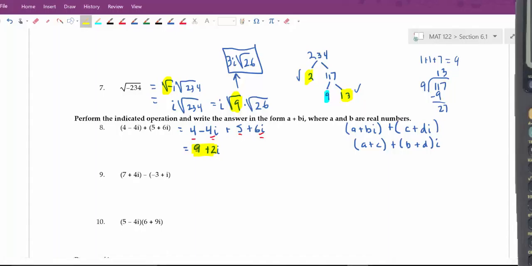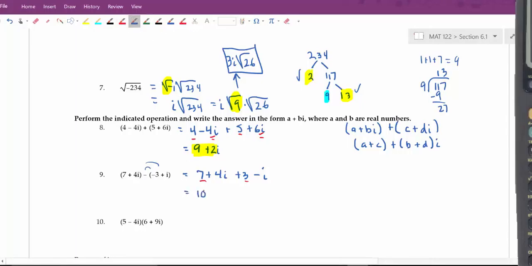Subtraction can be defined in terms of addition. So you can think of this in the same way. I'm just going to take off the parentheses. We'll have the complex number 7 plus 4i. I can distribute that negative through. I'm really subtracting a negative 3, so that's adding 3 and subtracting i. And then what I can do is combine the like terms together.